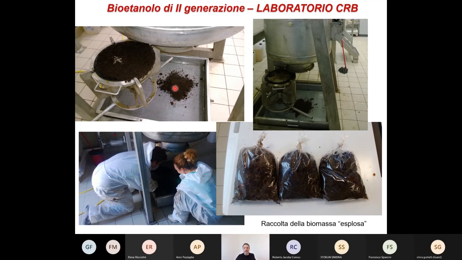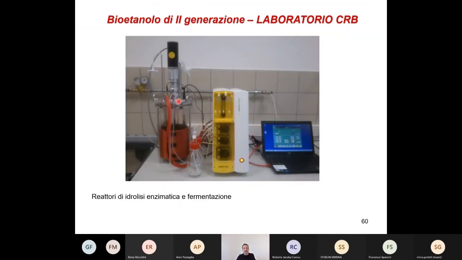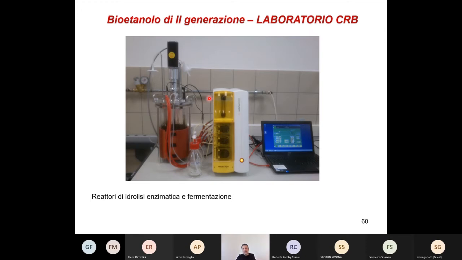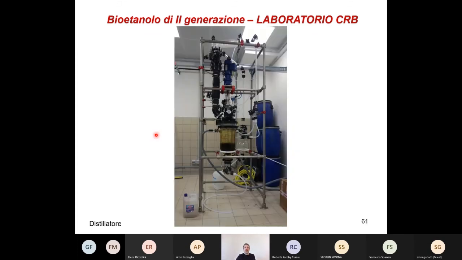The hydrolysis reactor, where you have the enzymes that produce sugars from cellulose. The same is the fermentator, so we have two reactors for the two processes, and the distillation system for the concentration of bioethanol for the analysis when we perform the ethanol production.